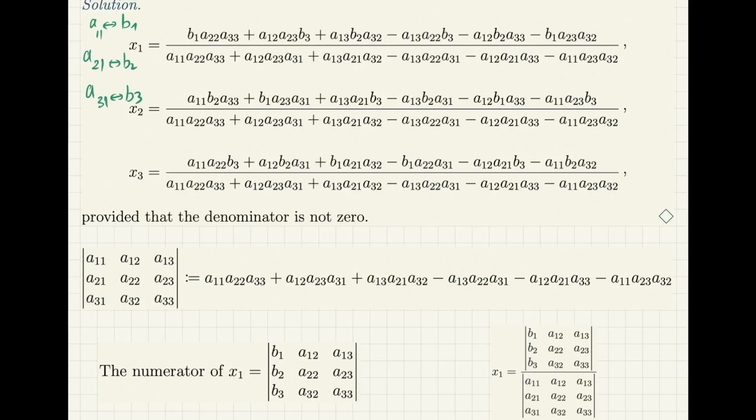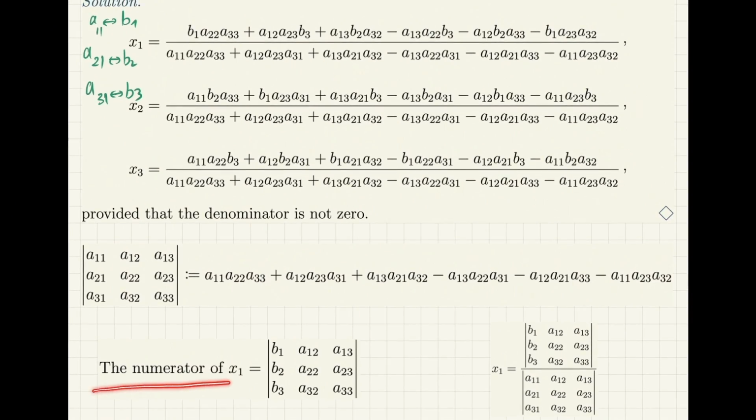Okay? So what I can say is that, you see, this was the denominator. I defined it by this symbol, and then I convinced you that the numerator is the same as the denominator, except that you have to replace a11 with b1, a21 with b2, and a31 with b3. So it means that the numerator of x1 is the same as the denominator with these replacements. Instead of a11, I put b1.